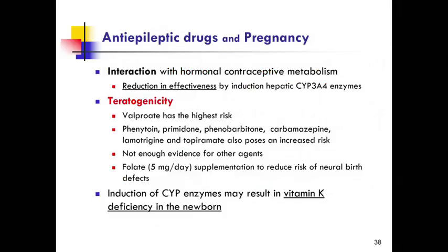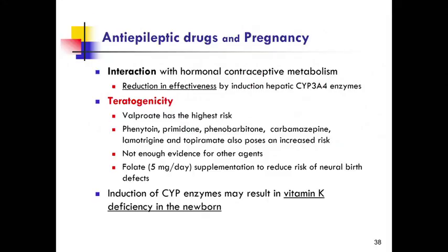For pregnancy and anti-seizure drugs, I have mentioned the issue of hormonal contraception, that most of them can reduce or enhance the metabolism of these agents. The teratogenic risk, I have mentioned that, and the fact that anti-seizure drugs that induce liver enzymes can reduce vitamin K in the newborn.